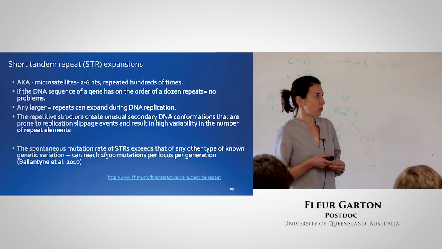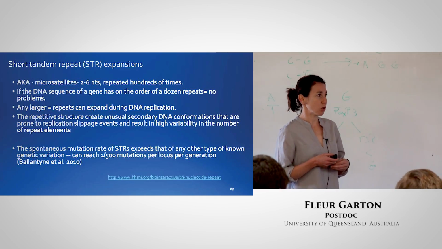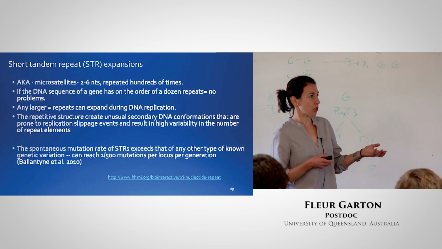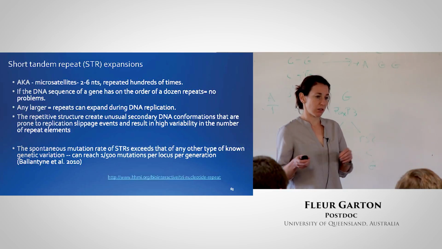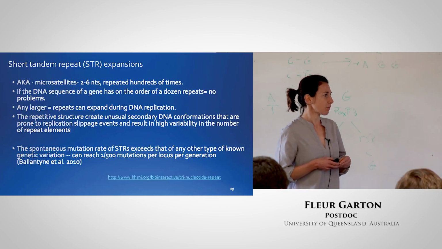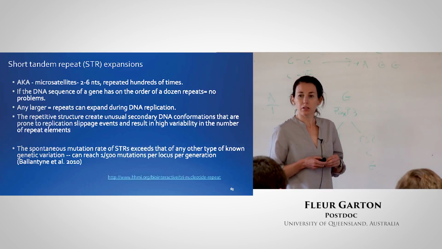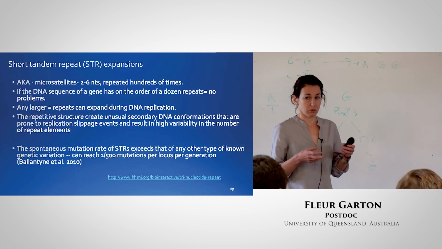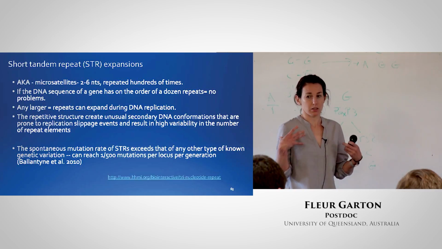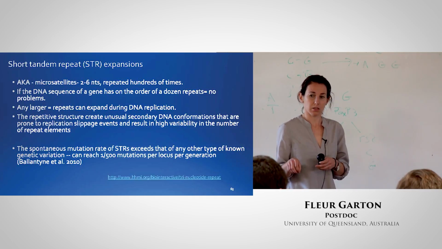And the repetitive structure can create unusual secondary DNA conformations that are prone to what I just mentioned, replication slippage, and this results in a high variability in the number of repeat elements over generations, but also in your somatic cells. What are somatic cells? So during mitosis, just growth and repair. So all of your cells are somatic, and then you've got germ cells.